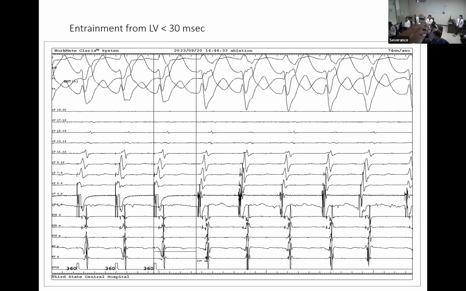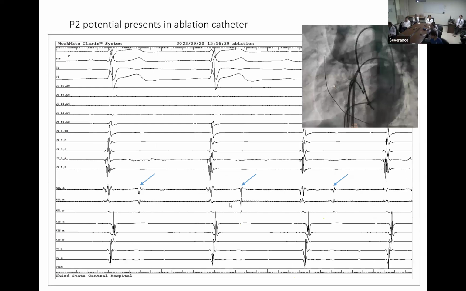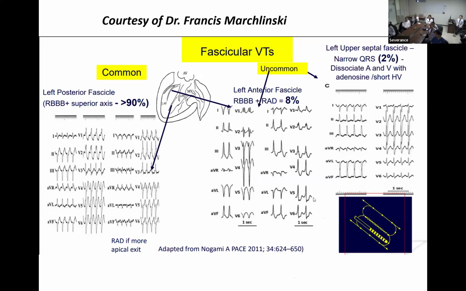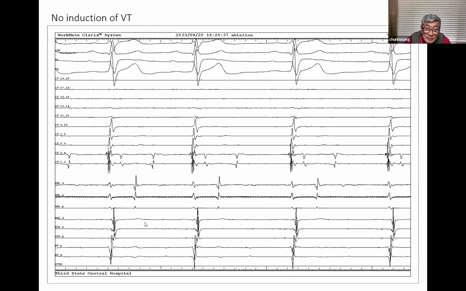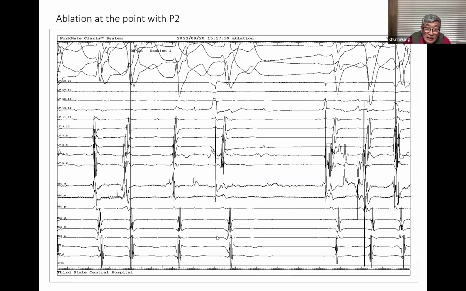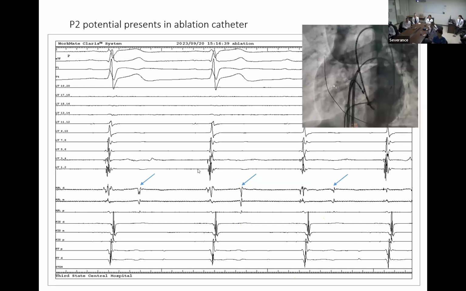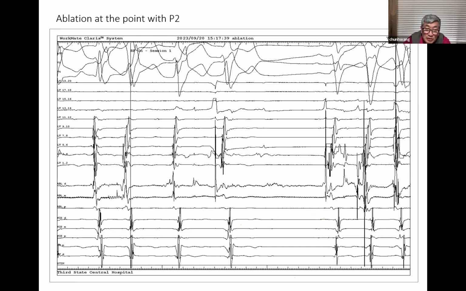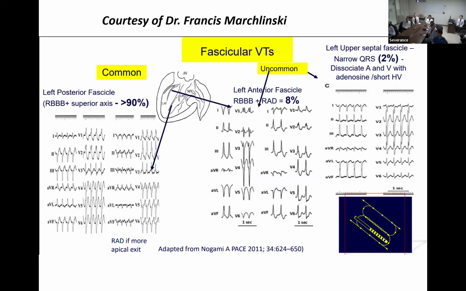And after ablation, there is a big double potential. No, post ablation. Previous one, go back. So in LV 1 and 2, not this one, the previous one. Post ablation, this one.